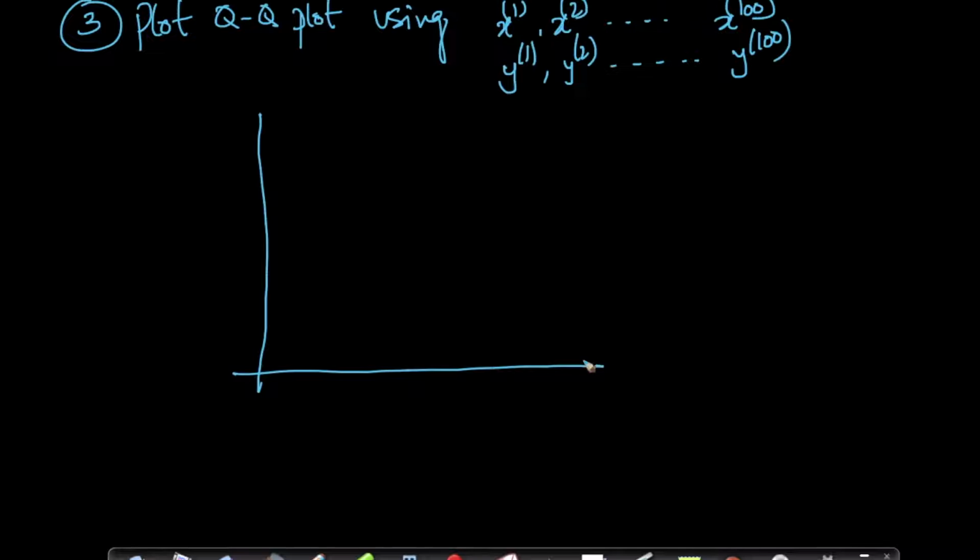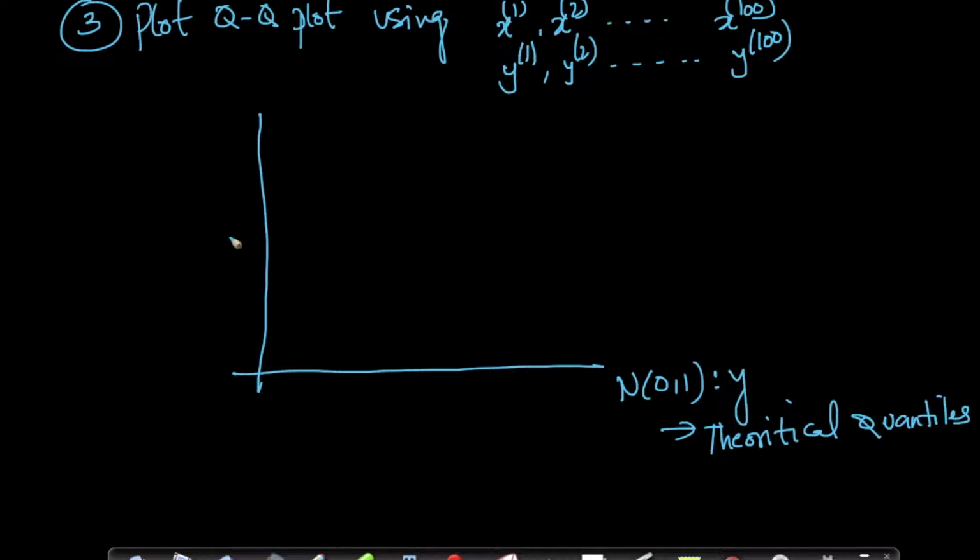Let's assume on this axis I'm plotting my N(0,1) random variable, which is y. These are often called theoretical quantiles. And on the y-axis here, I have random variable x. These are all the values of x, and this is values of y.